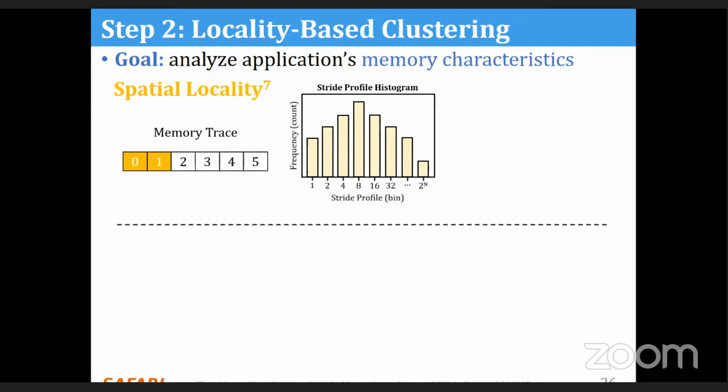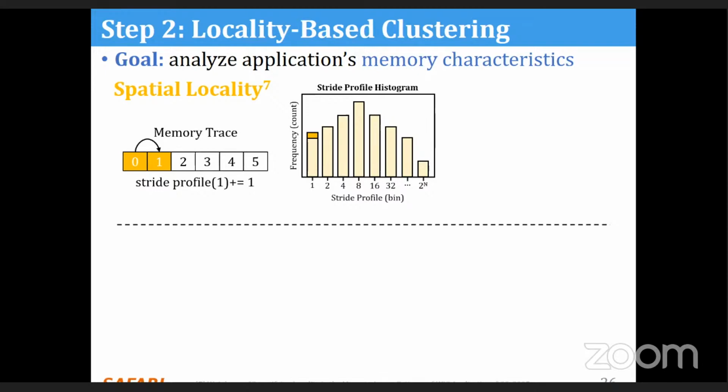Imagine that we have this memory trace, 0, 1, 2, 3, 4, 5 are the addresses that we are accessing, and after accessing address 0, we access address 1. So we see what's the distance between these two addresses, and we see that the distance is 1, right? So we increase in this stride profile histogram the bin corresponding to 1 because the distance between these two is only 1.